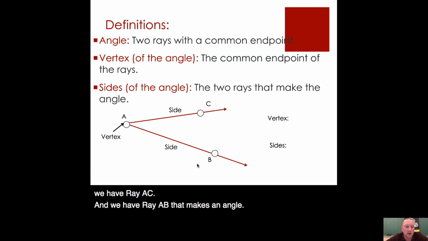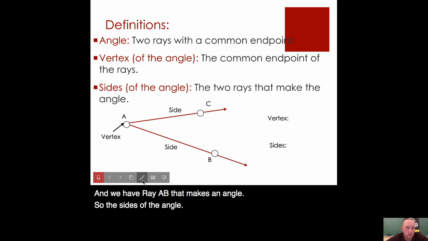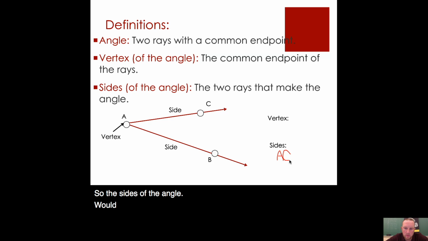So the sides of the angle would be ray AC and ray AB.